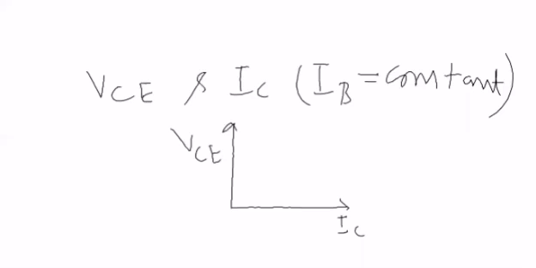For a given IB, as VCE increases, first IC also increases.